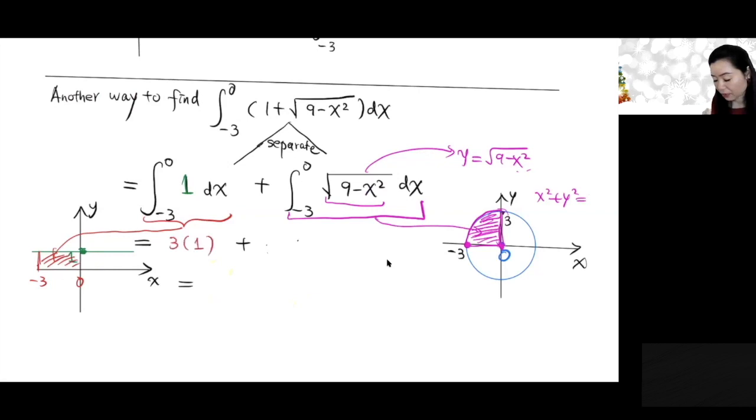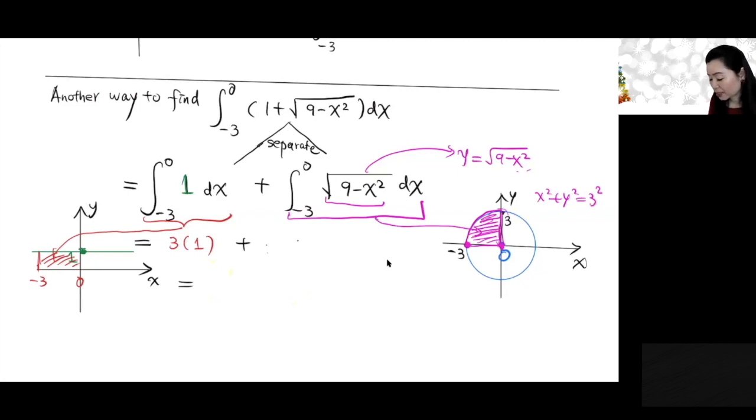What about this integral? This integral here corresponds to y equals square root of 9 minus x squared. If you simplify this, square both sides and put the x squared and y squared together, you get x squared plus y squared equal to 3 squared.